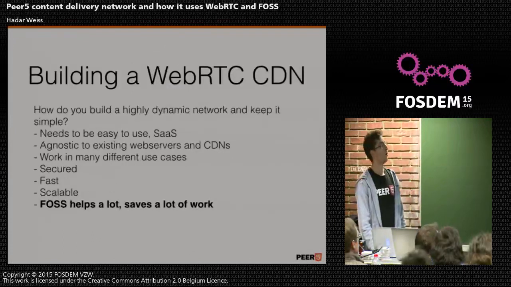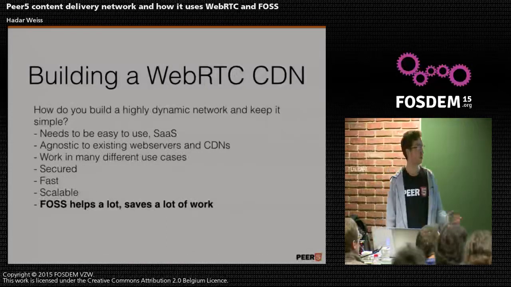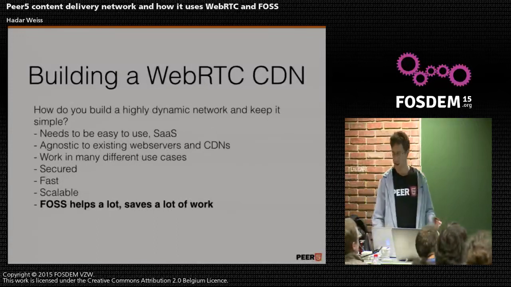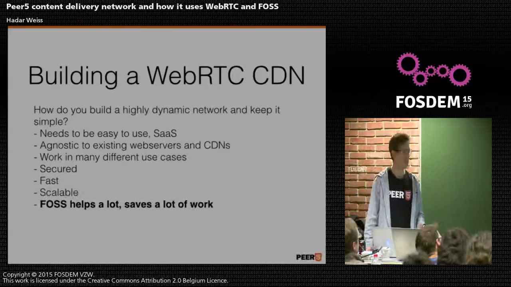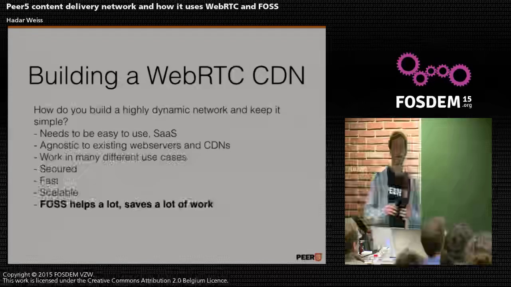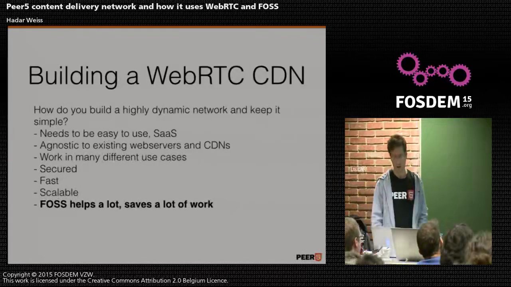So how can we build a WebRTC CDN? There are two meanings here. WebRTC CDN can mean also a CDN that supports WebRTC. That's not what we're trying to do. We're trying to build a layer on top of the servers that caches content in this mesh network and can build a high throughput delivery network.